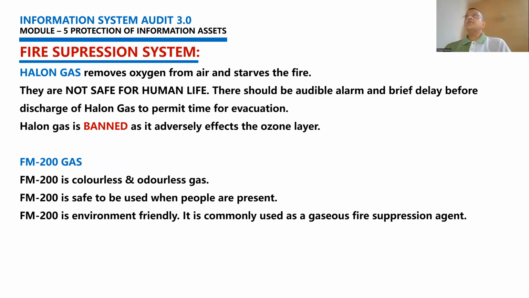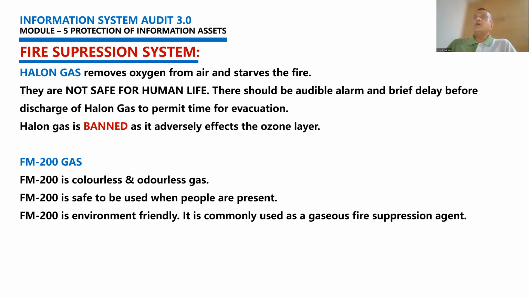Now, suppose that a fire breaks out in a record room where lots of records and assets are maintained, and you start sprinkling water there. You'll find that a lot of physical damage happens, not because of the fire, but because of the water and other things we are using for preventing the fire. So in that case, other measures are used, and one such measure was halon gas.